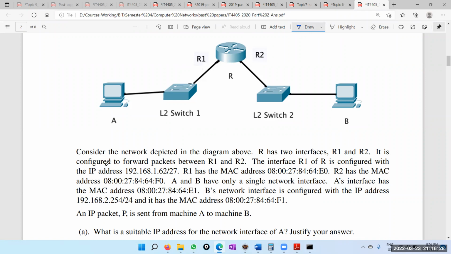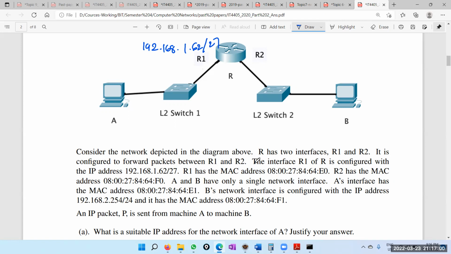R1 and R2 are configured to forward packets between them, obviously. The interfaces R1 and R2 are configured with IP addresses. Now the R1 side IP address is 192.168.162/27. Okay, so that is R1.